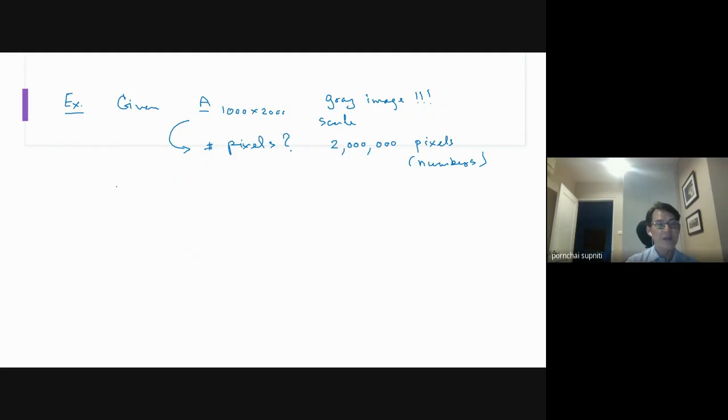So if we store the entire image, we need to store 2 million numbers.